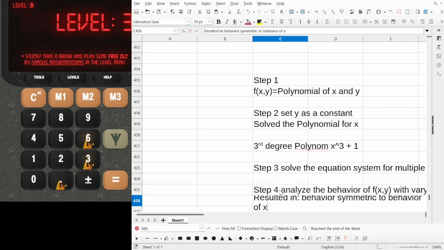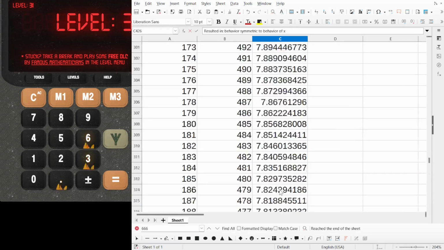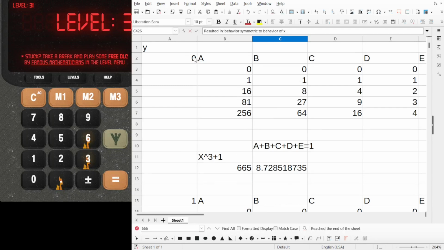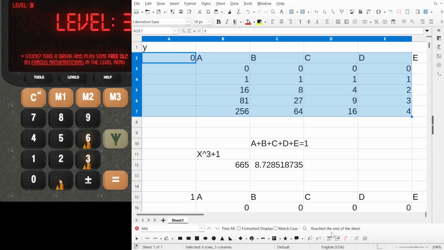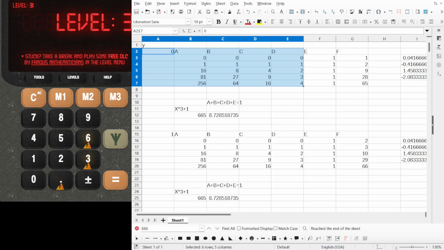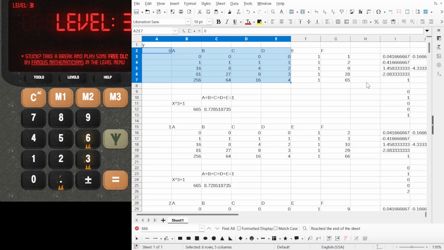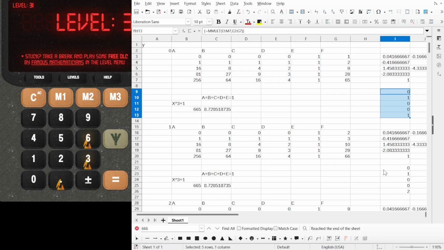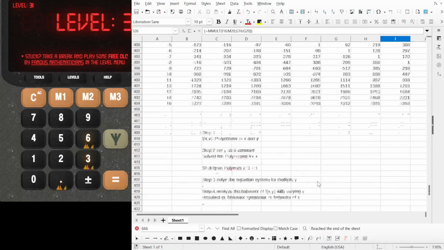So basically we found out, we changed right here from this one, y equals 0, to this one, and the degree of x did not change. It's still x to the power of 3 plus a constant. And since we did know that it was symmetrical, f of x, y equals f of y, x, we could have already surmised that y would behave in a similar way, which means we have a symmetric polynomial.